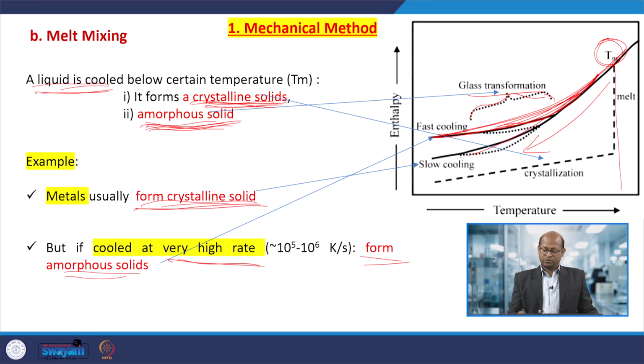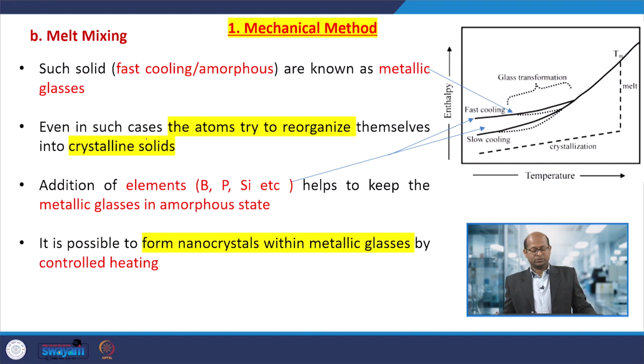And when it is slow cooling, crystalline material formation occurs. So the cooling effect is very important, depending upon our interest, whether we are going to prepare amorphous or crystalline materials from that particular substance or solid that is heated up at high temperature and then cooled down.